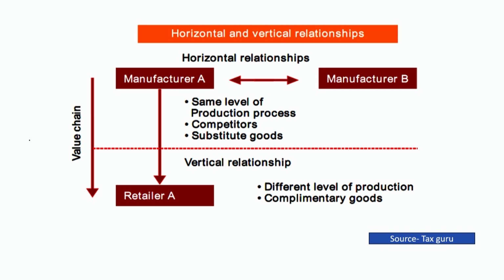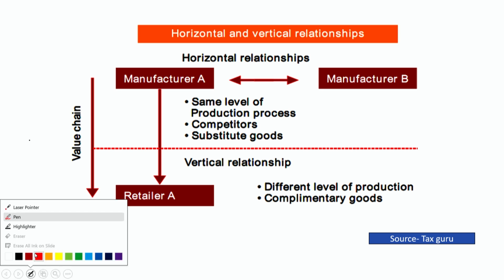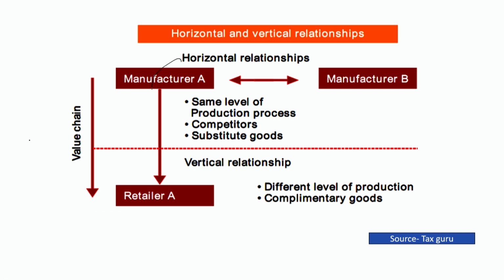That means manufacturing level. Suppose there are two supply chains, and at the first stage, in the first supply chain there is manufacturer A, and on the other hand there is manufacturer B. If any agreement takes place between manufacturer and manufacturer, at the same level, this is the horizontal relationship.